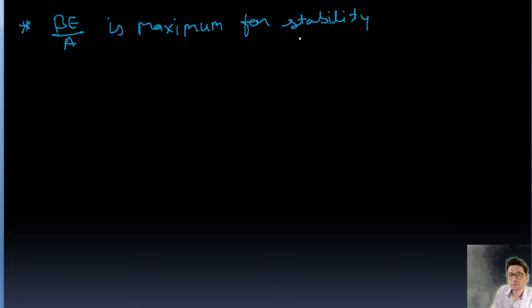For any element, if you have to check the stability, we check the binding energy per nucleon. If it is maximum, then that element is more stable. Not only the binding energy: by checking binding energy alone we cannot tell whether the element is stable or not. We check binding energy per nucleon.